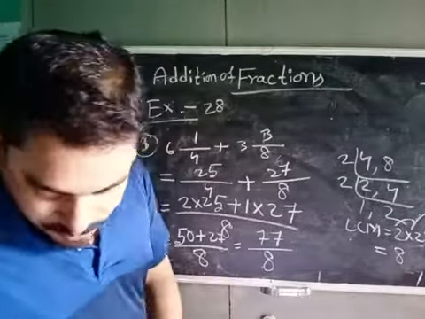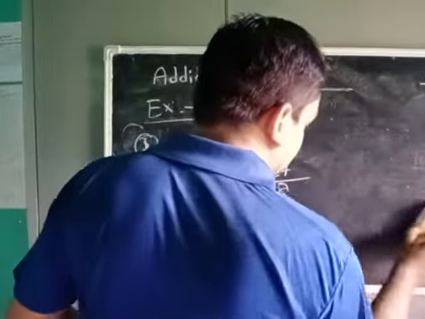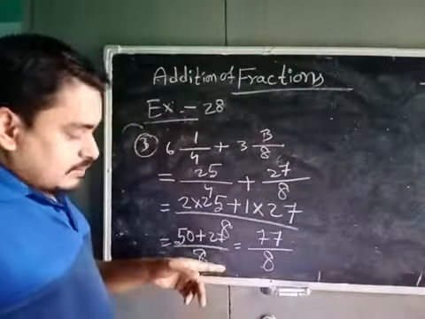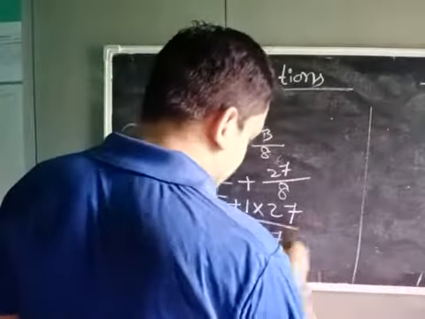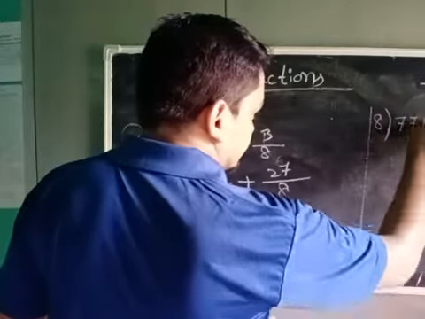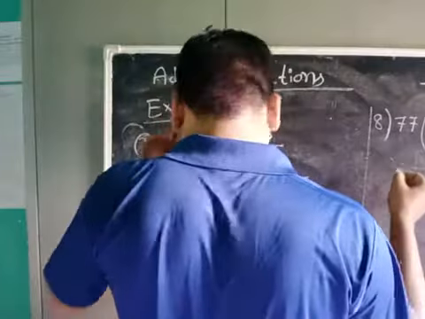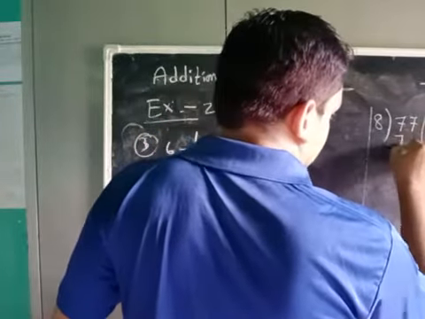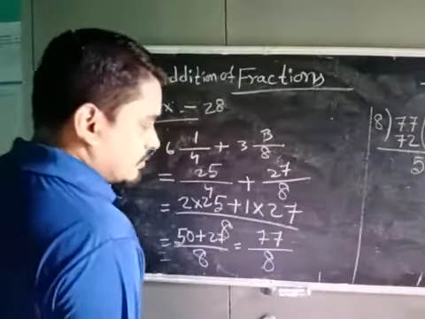And if you want to convert it into a mixed fraction, you can do it in this way, because it is an improper fraction. You see 77, if we divide by 8, we get 9 and the remainder is 5, with 8 in the downside.